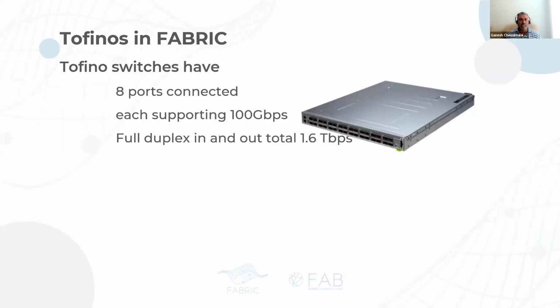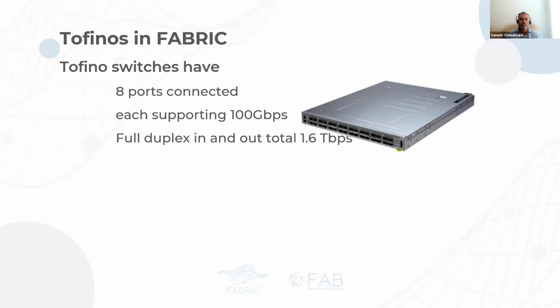On FABRIC, we have multiple Tofino switches across multiple sites. Out of the 32 ports that we were discussing previously, 8 ports are connected right now on FABRIC, and each of these 8 ports supports 100 Gbps.